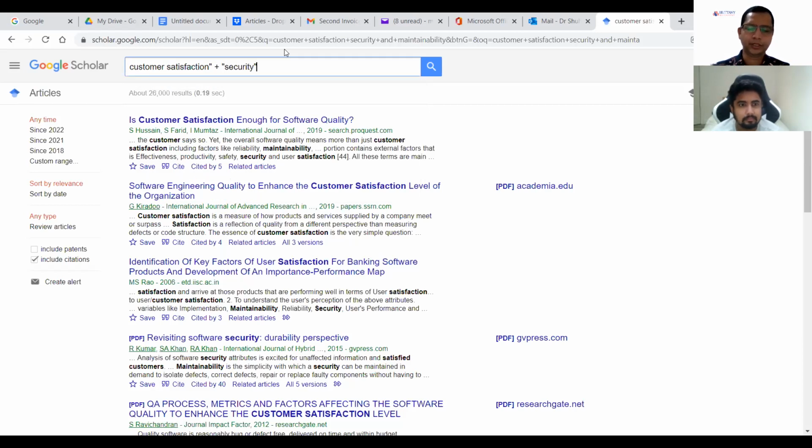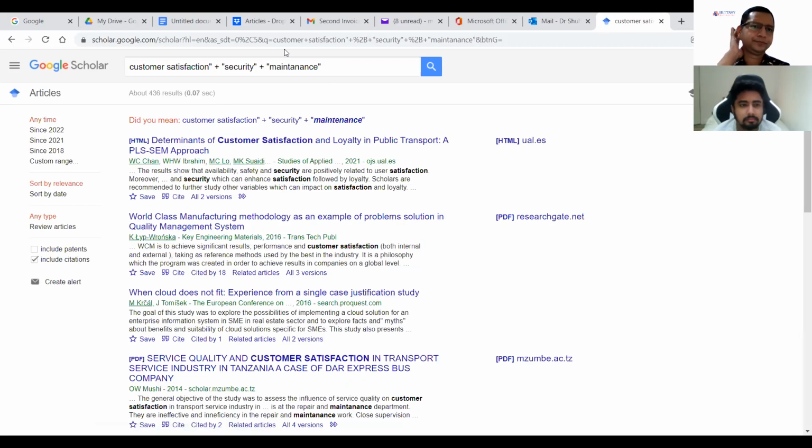Security in inverted commas, plus, then again maintenance. Now you see how many? 436. Something manageable, but 436 is still a lot. So you need to refine it more.